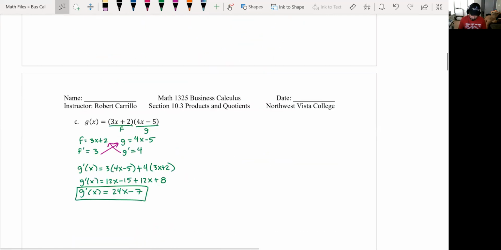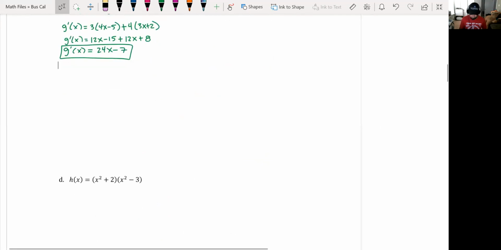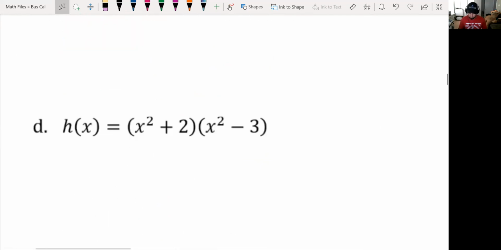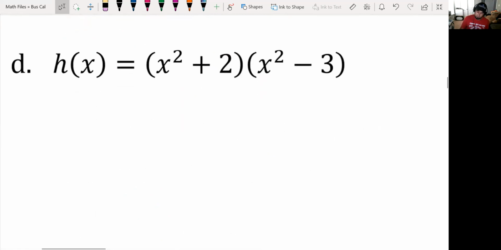All right, so C, and then to D. Once again, product rule. Label everything.